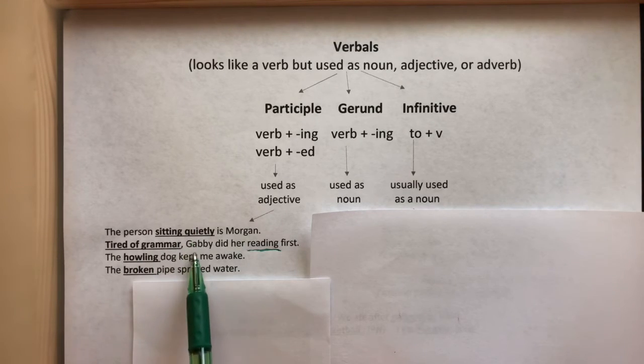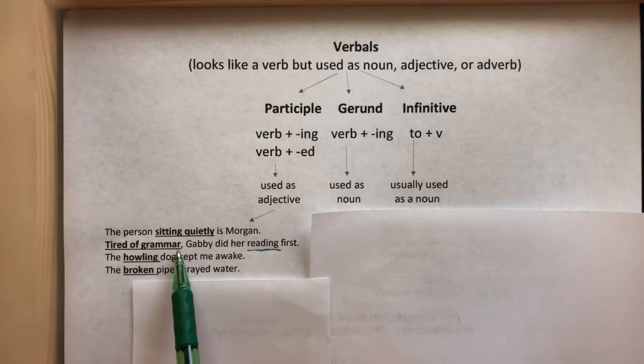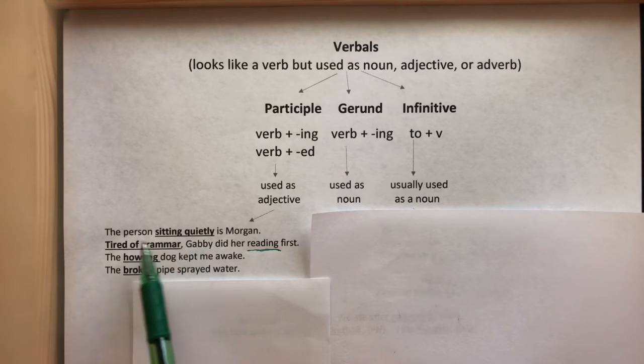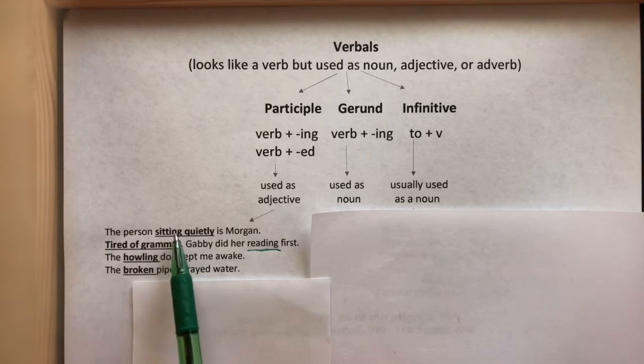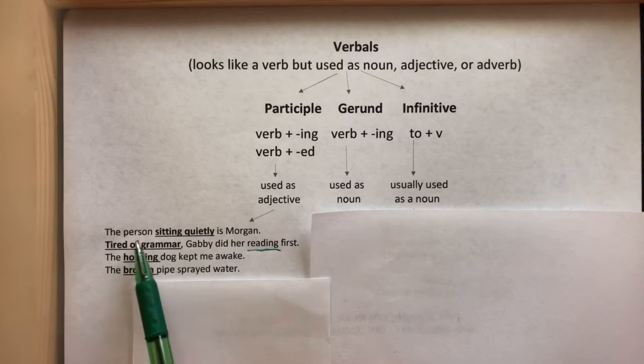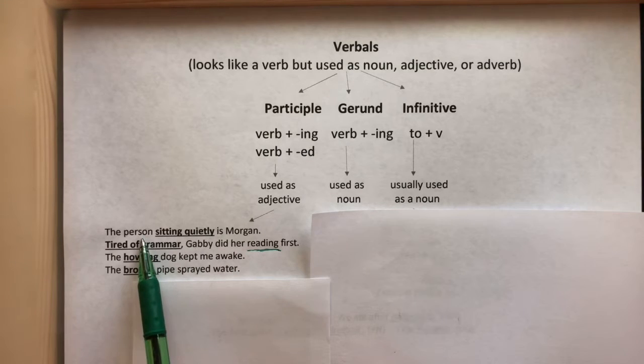Now there's something important about participial phrases, and that is that you have to think about whether to put a comma. Remember that commas are kind of like handles that you can use to take that part of the sentence out. Let's look at the first part. The person sitting quietly is Morgan. If I didn't put that sitting quietly and said the person is Morgan, you wouldn't know which person.